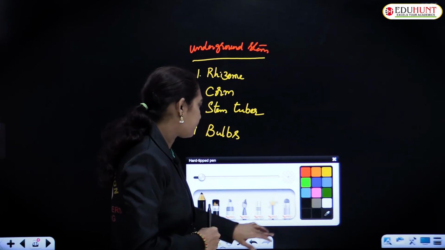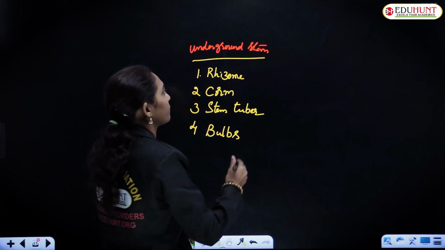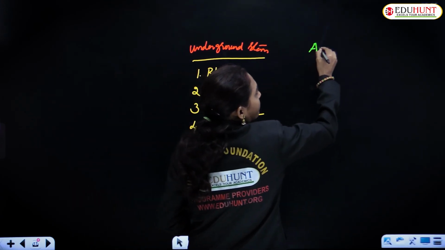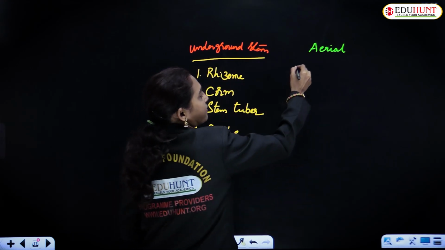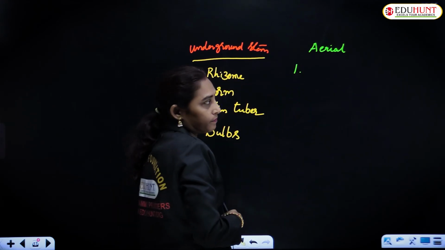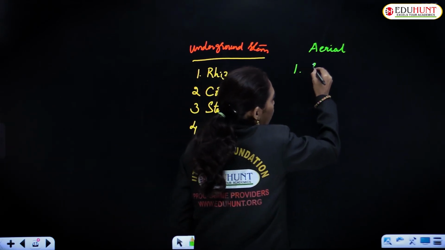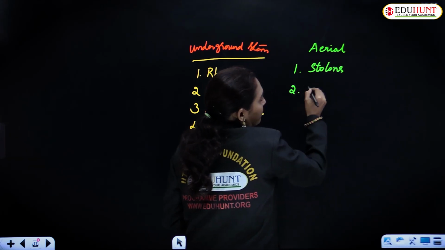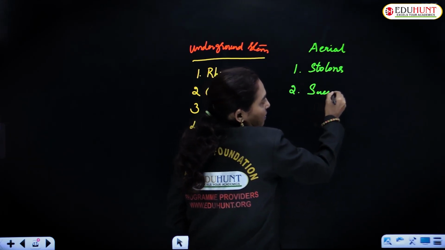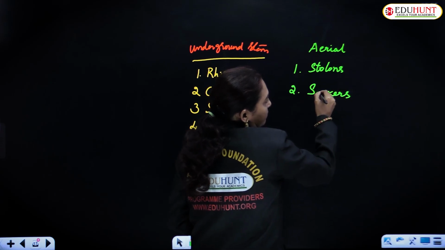Next is aerial. From aerial stem, one is stolons. Second, suckers.